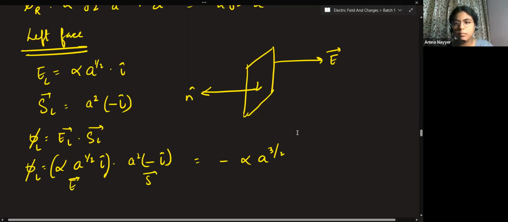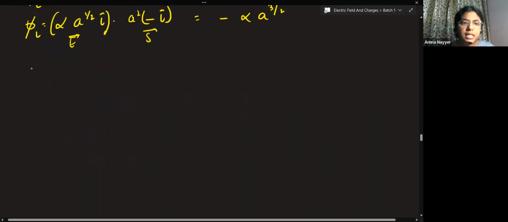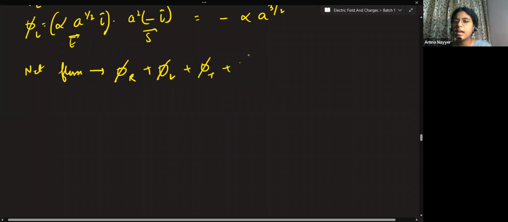So what will the total flux be? Total flux will be the sum of all the faces. Net flux is phi right plus phi left plus phi top plus phi bottom plus phi front plus phi back. Electric flux for top, bottom, front, back is 0.